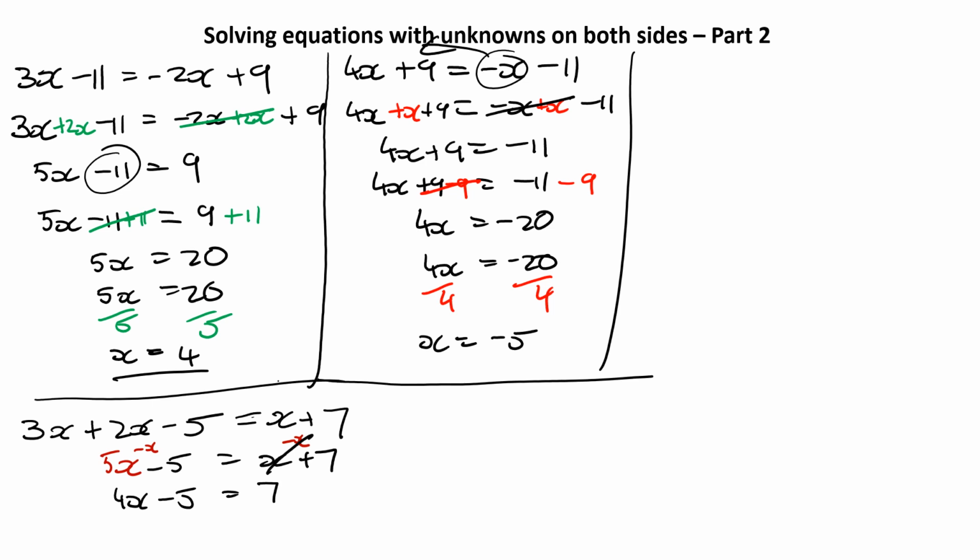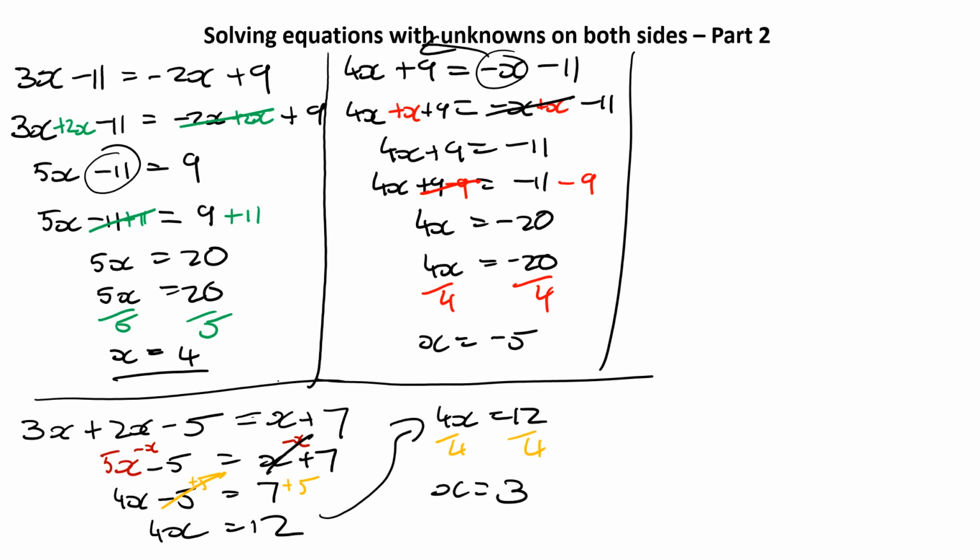If I then move that 5, I go plus 5, so that cancels out there. I'm left with 4x equals 7 plus 5, which is 12. Now the inverse operation to that 4 is to divide by 4, divide by 4. That means my x is equal to 3.